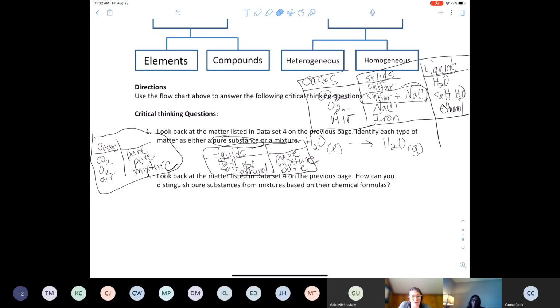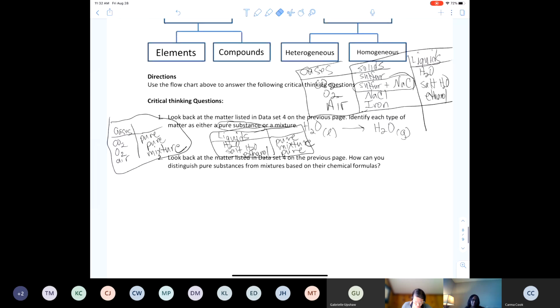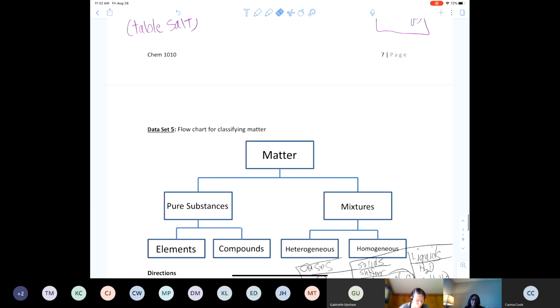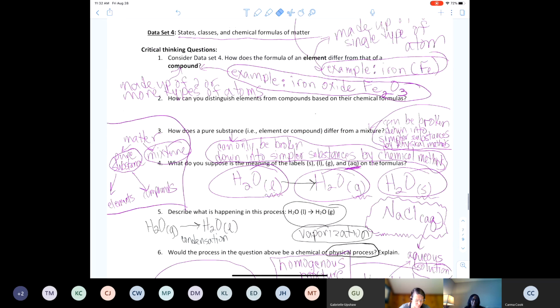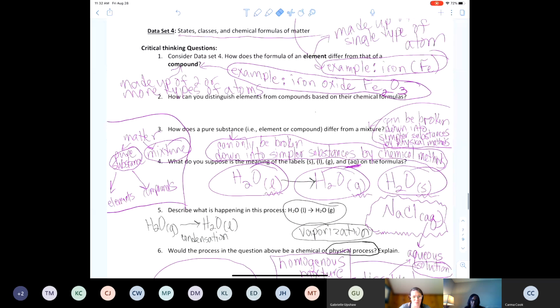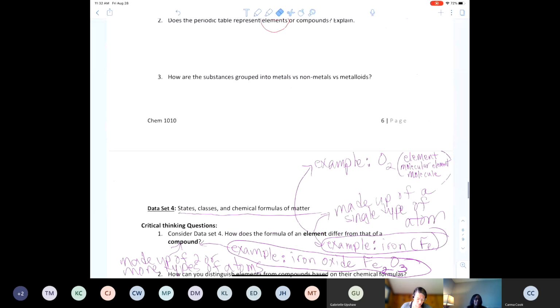Can I ask a quick question? Yes. So for number 1, when it says the matter listed in data set 4, I'm seeing copper, helium, water, table salt, salt water, coffee, brass, muddy water. Are those the right ones?